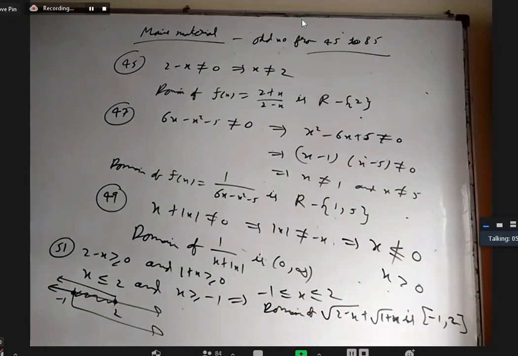Okay. Lavanya, you are there in the class? Roll number 88.